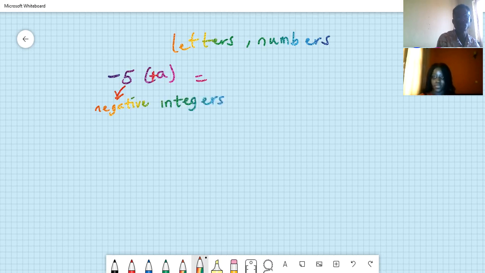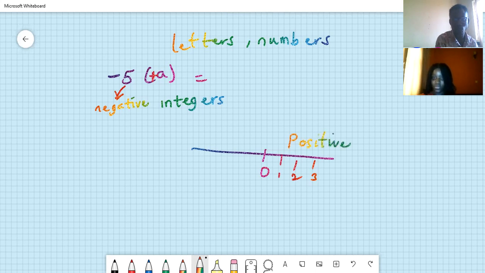We have positive. All numbers are integers, right? So we have positive integers and negative integers. So integers are just whole numbers. So your whole numbers are like from 0, 1, 2, 3, 4 upward. So you have a number line that has 0, and all the numbers here 1, 2, 3, all of these are positive integers.